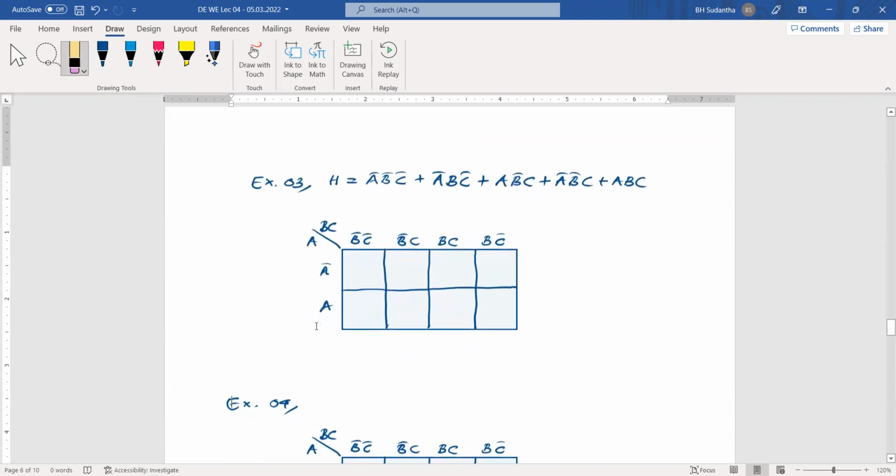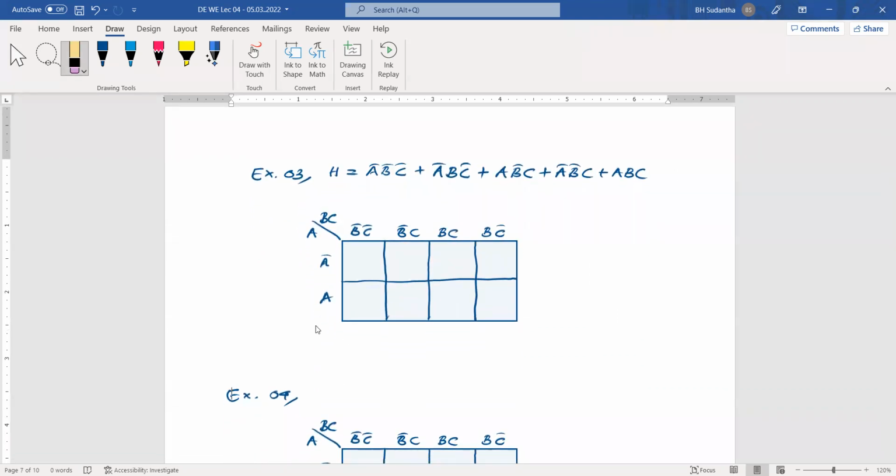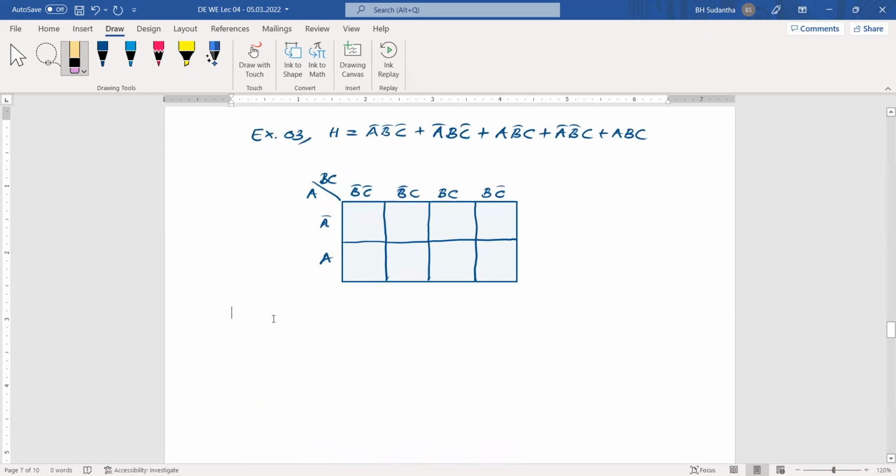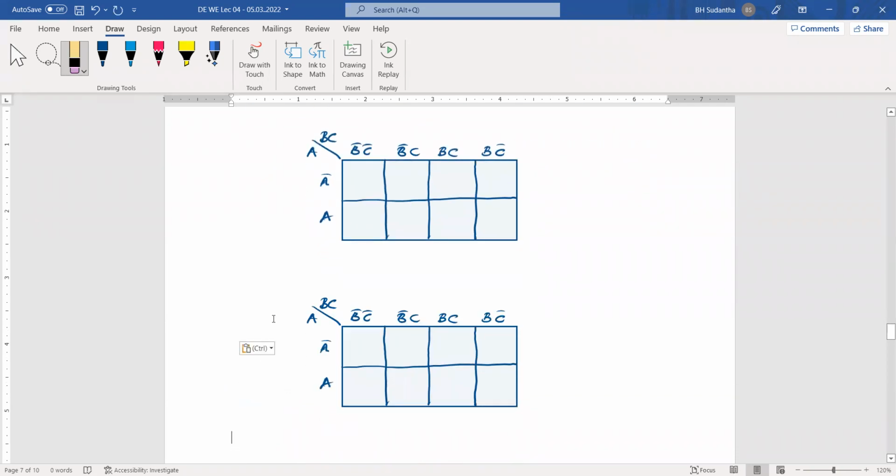Okay, before you do this one, I'll make a small clarification here. If you have a map like this, you can see this is A bar, and this is A. This entire row is A bar. This entire row is A. But what about the others? If you cover this one, what is this?